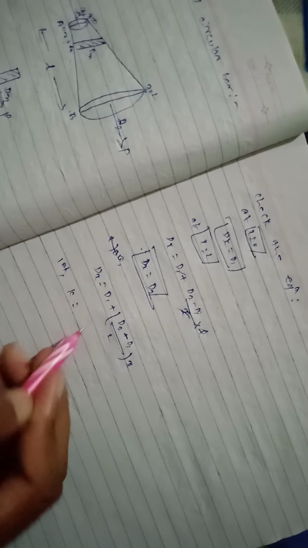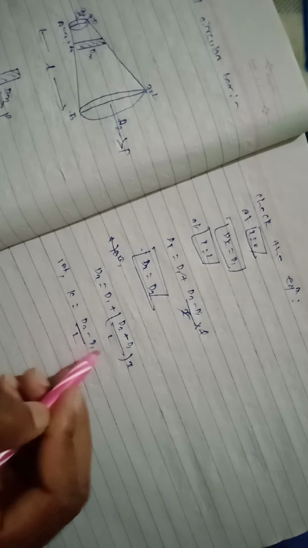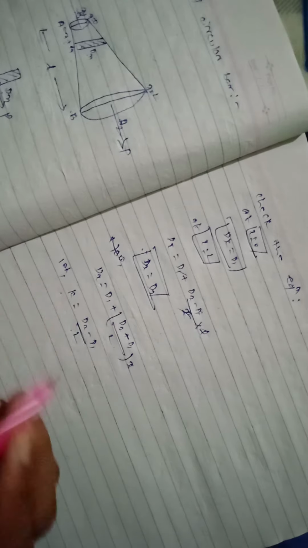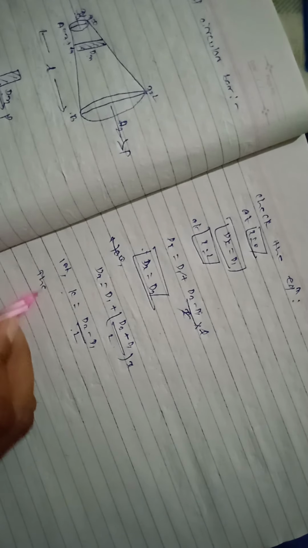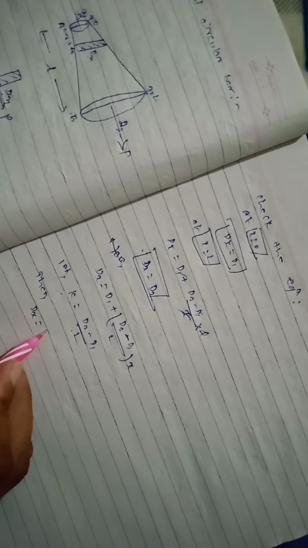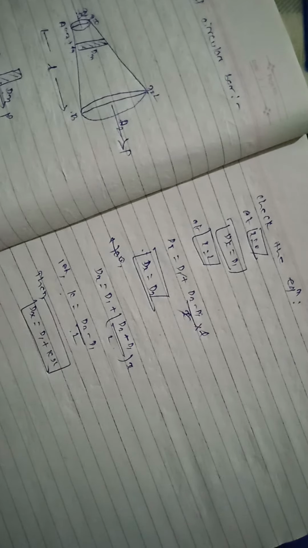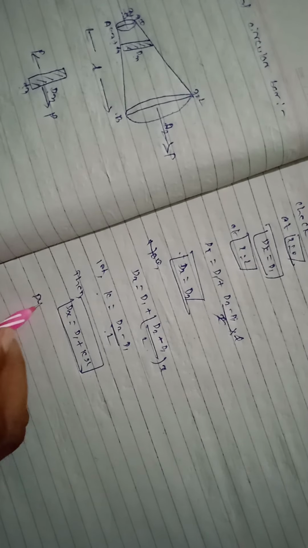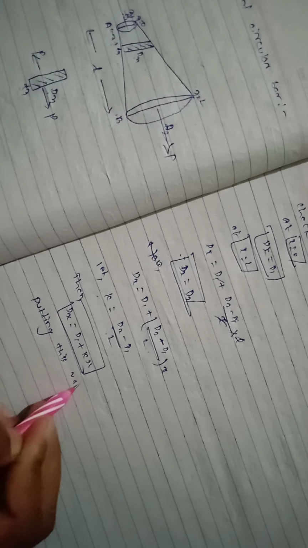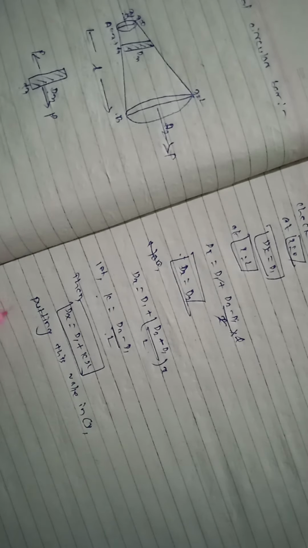Let k is equal to d2 minus d1 upon L. Then dx becomes d1 plus kx. Putting this value in equation 1, what will we get?